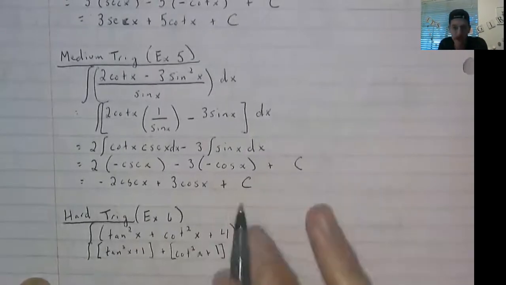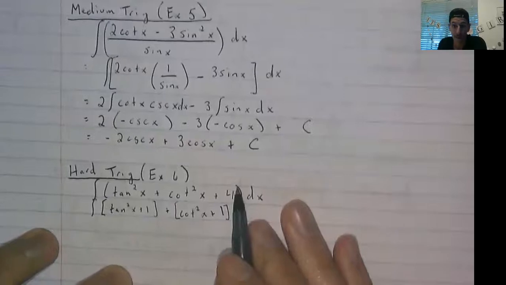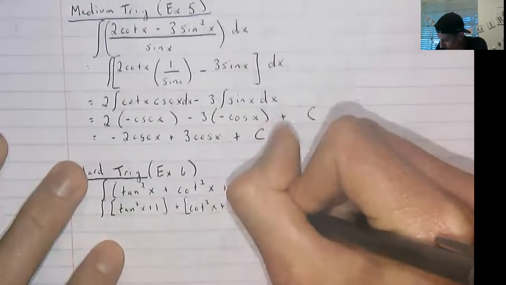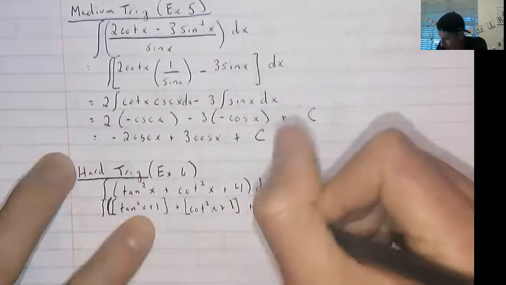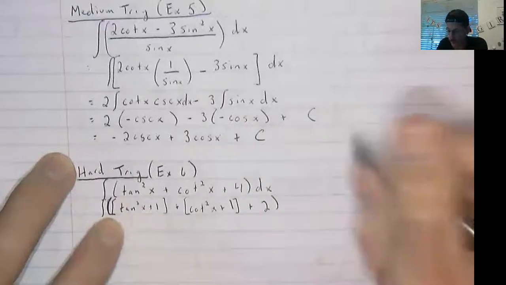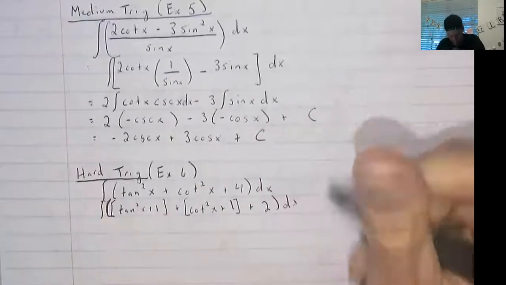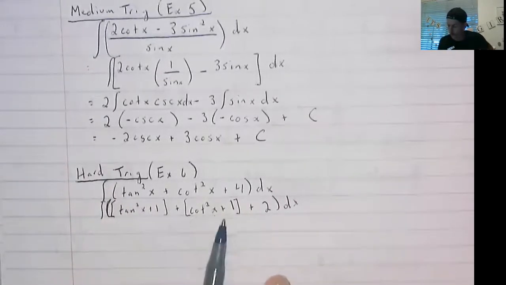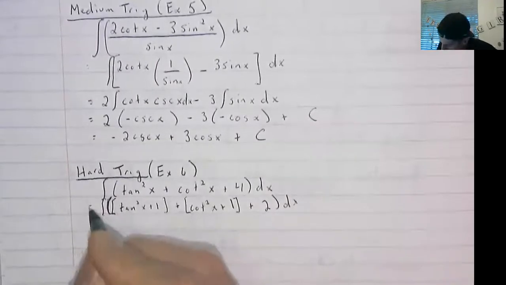Well, we had this very handy 4 here, and we can break that 4 into however many pieces we need. We just took 2 of them, and so we still have a 2 remaining. So I'm just rewriting 4 as 1 plus 1 plus 2. How does this help us? Well, because now we can rewrite this as the secant squared and this as the cosecant squared.